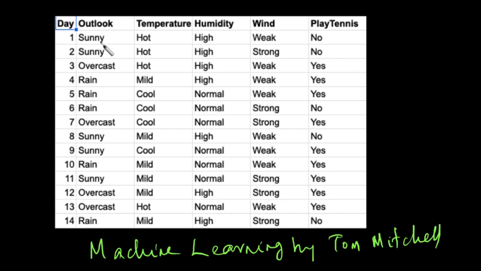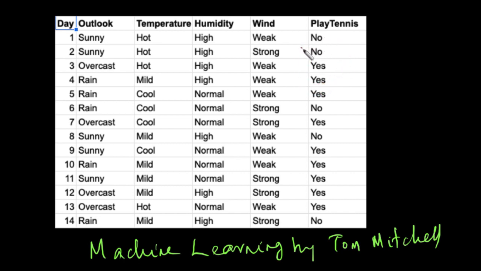You have an outlook which can be sunny, overcast, or rain. You can have temperature which can be hot, mild, or cool. You can have humidity which can be high or normal, and you can have wind which can be weak or strong. Now, using these four attributes, you need to predict whether on a given day you will want to play tennis or not.